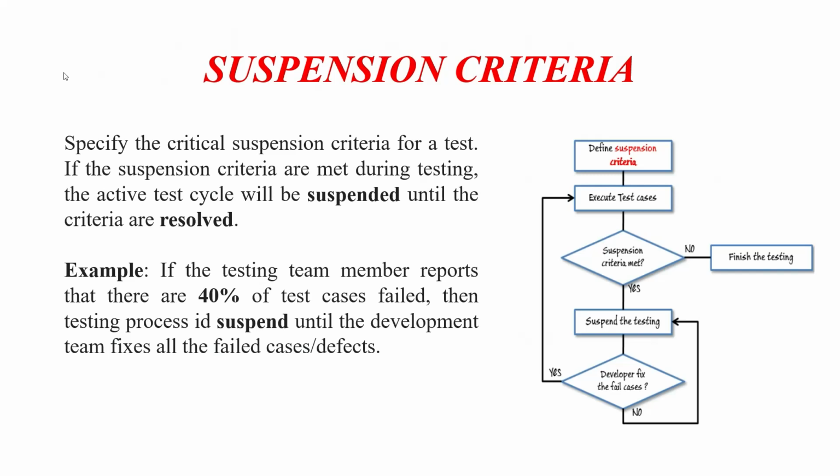Then the code has to be sent back to the developer, saying it met the suspension criteria, and this has to be resolved on a priority basis. If the testing team reports that more than 40% of the test cases failed, then definitely the suspension criteria is met. So this is about the suspension criteria.